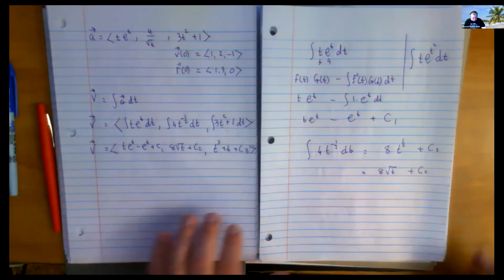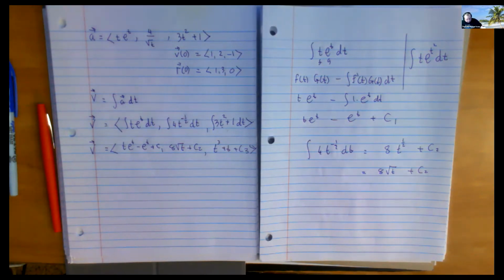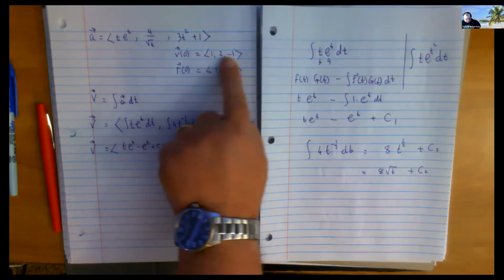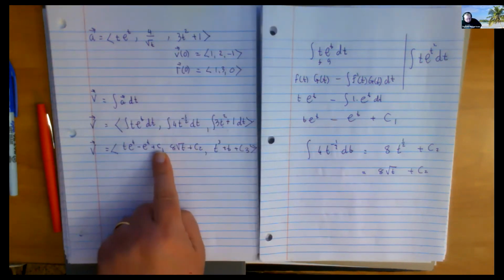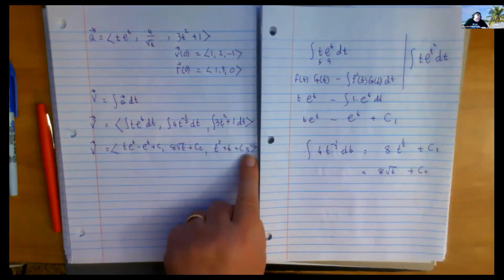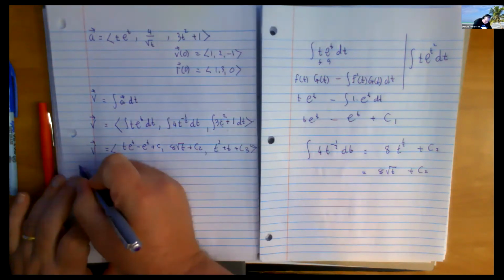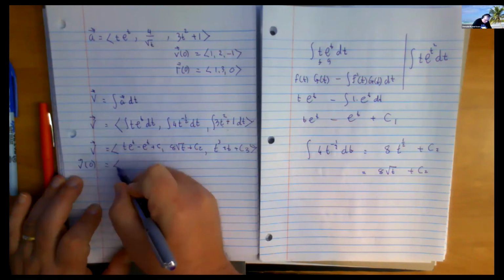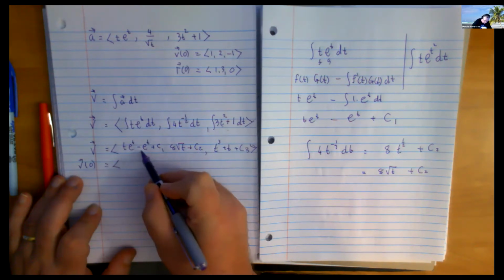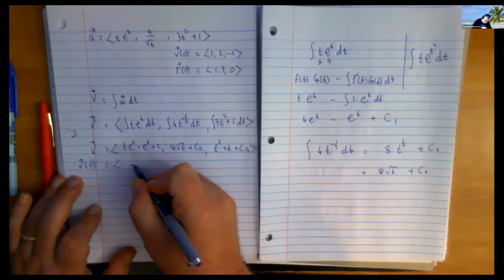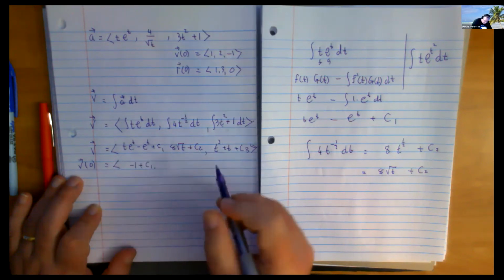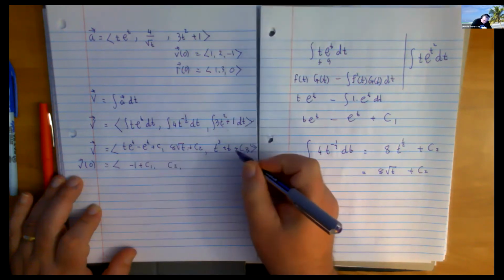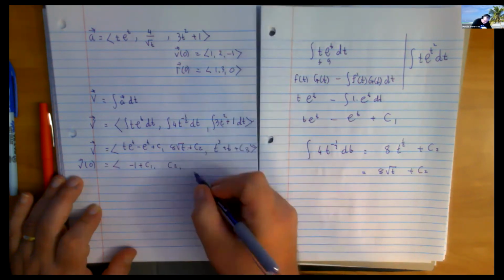Right, so at this point, we have the general version of the velocity. What we're going to do is use this fella up here to essentially find out who C1, C2, and C3 are. Now, if I evaluate the velocity function at 0, I get 0 times 1, take away 1, add C1. If I evaluate it here, I get 8 nothings plus C2. And if I evaluate it here, I get nothing plus another nothing and a C3.